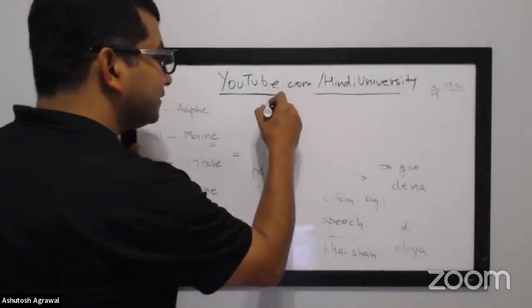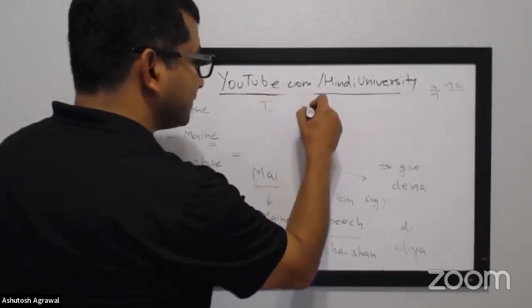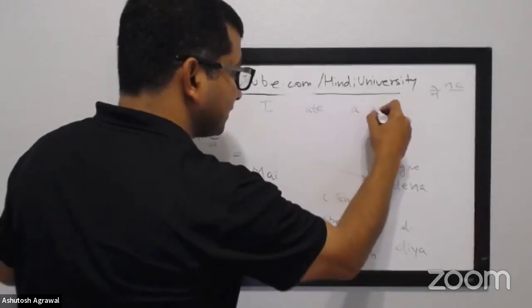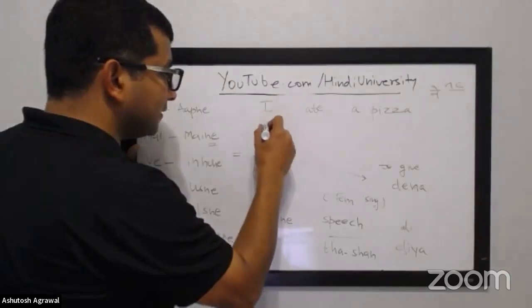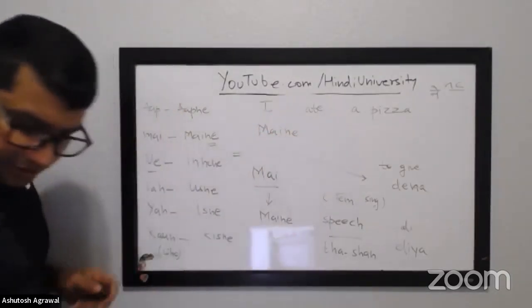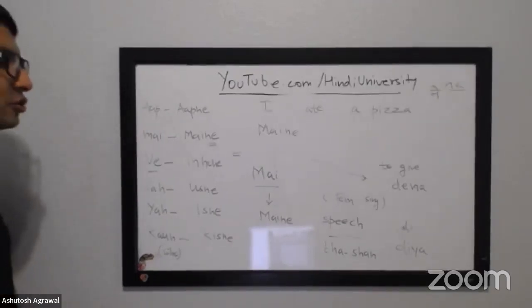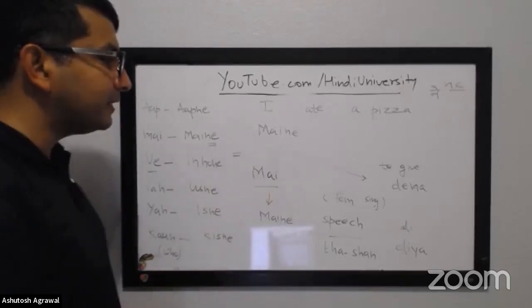JDG, I ate a pizza. Maine pizza khaya. Tell your mental dialogue so people can understand it, not just the translation, but how you are coming to it.